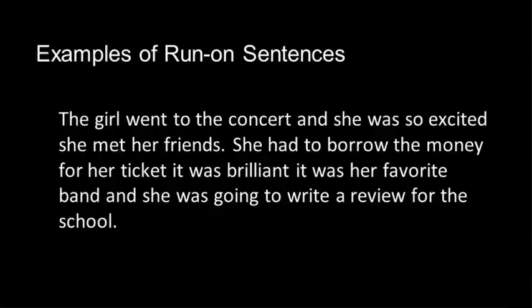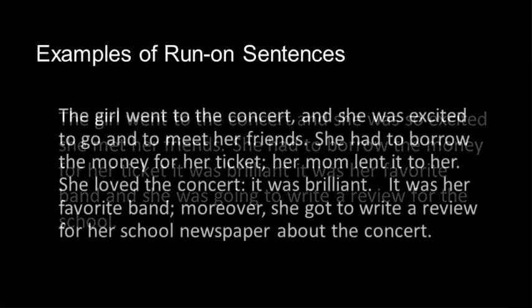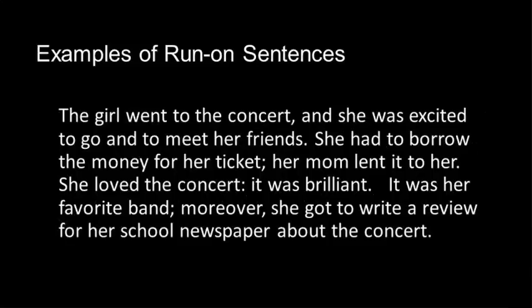To fix this, we need to think about what we want to mean. I wrote these sentences, so I will go through how I would change them to be properly punctuated and also to mean what I want them to mean. So here's the revision of my original rough draft of a paragraph. The girl went to the concert and she was excited to go and to meet her friends. She had to borrow the money for her ticket. Her mom lent it to her.